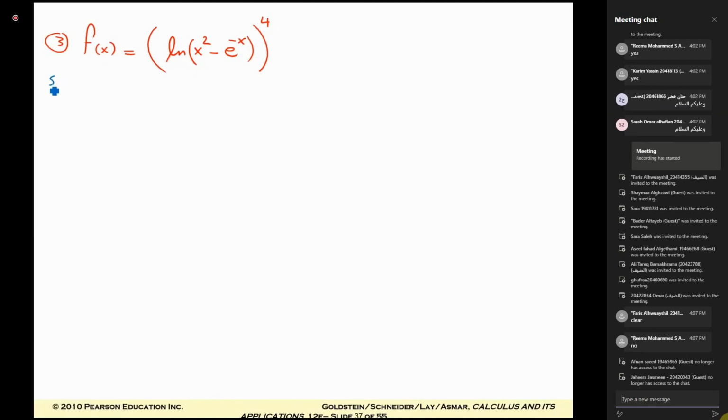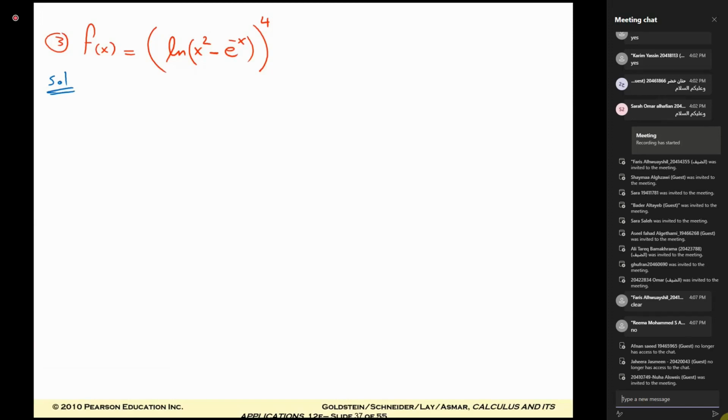Now the solution: we apply the rule of brackets to the power n, and when we need to differentiate inside the brackets, we have the ln, so we use the rule for the derivative of ln.